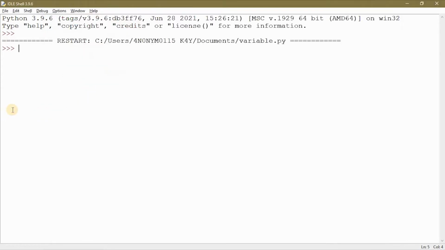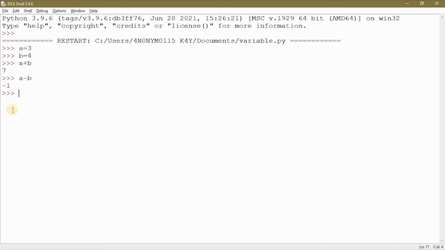Going back to our terminal, let me say a is equal to 3, and b is equal to 4. If I say a plus b, it gives me 7, because 3 plus 4 is 7. A minus b will give us minus 1.